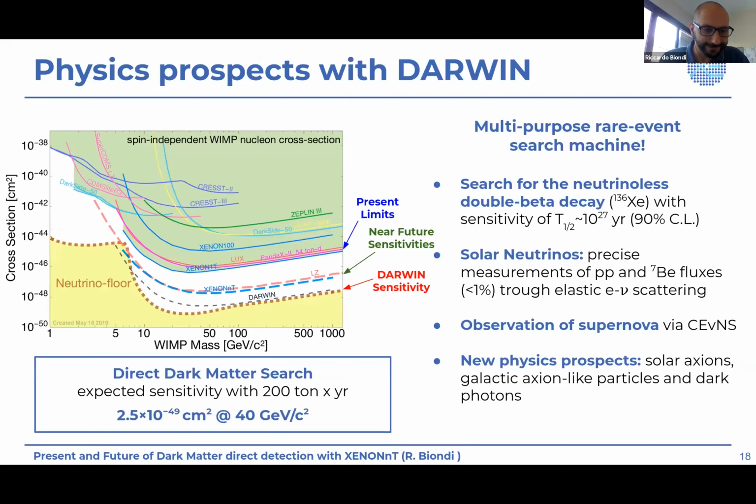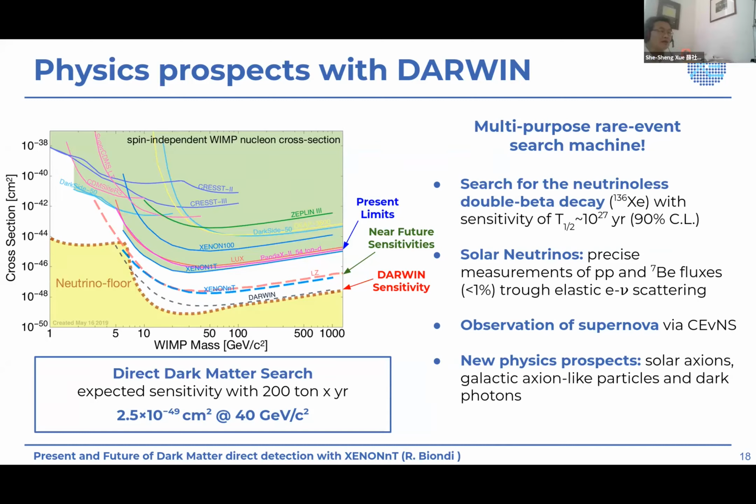Yes, I think this plot can answer the question. Do you want to add something more about this? Can you repeat the question? The question is, what is the threshold? The threshold of this 10 to minus 15 centimeters squared, the technical threshold.